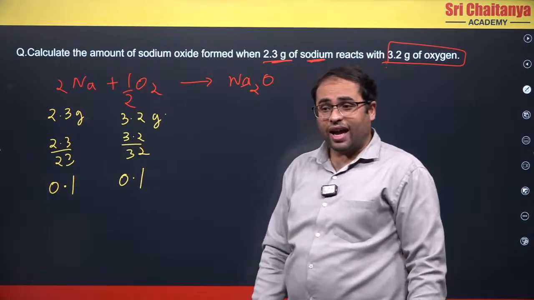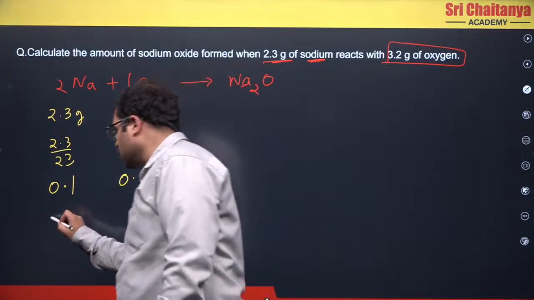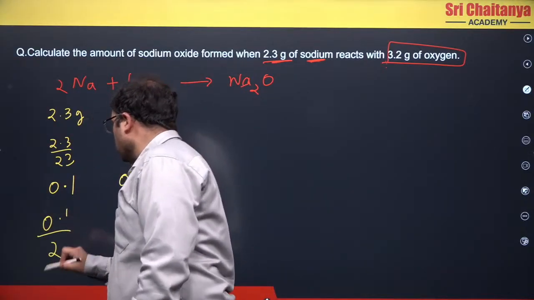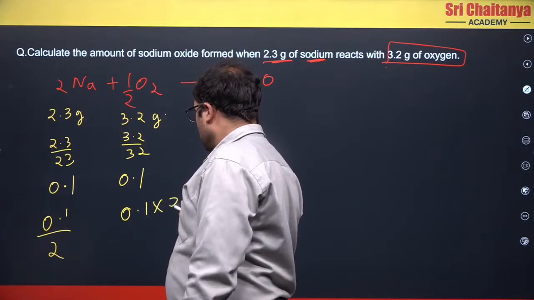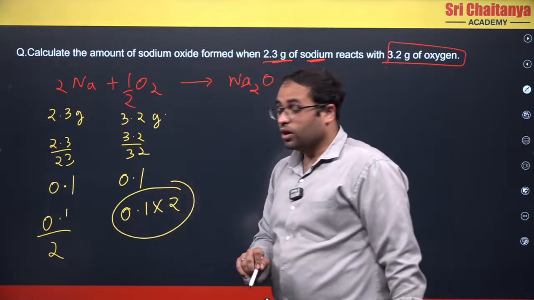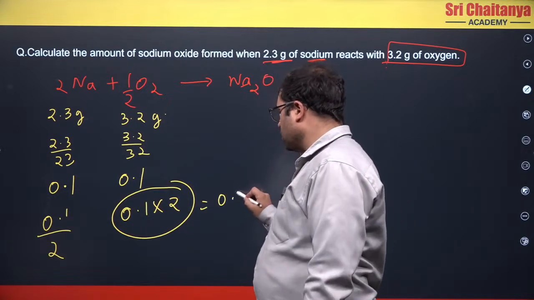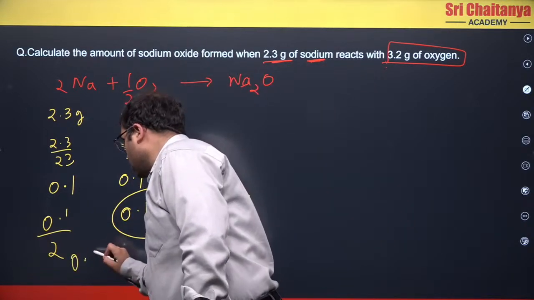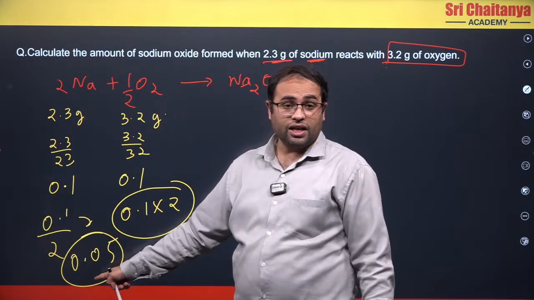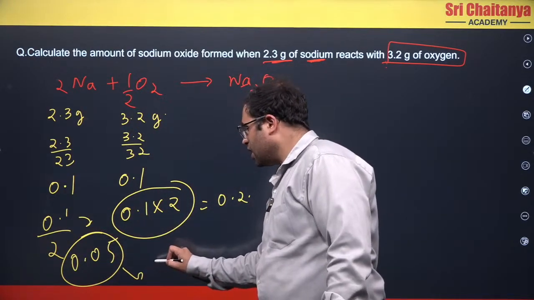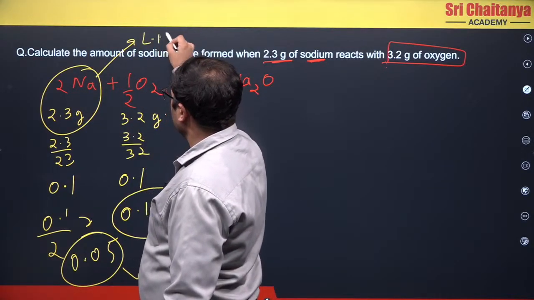Now if you divide each of these moles with the stoichiometric coefficient, this will be 0.1 by 2, this will be 0.1 multiplied by 2, since dividing by half goes up. So this will be 0.05 and this will be 0.2. You can clearly see this is the lower value, so this is your LR, your limiting reagent.